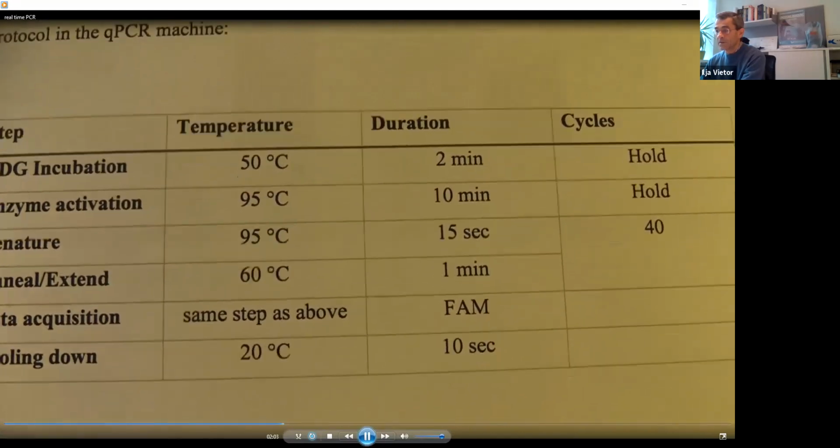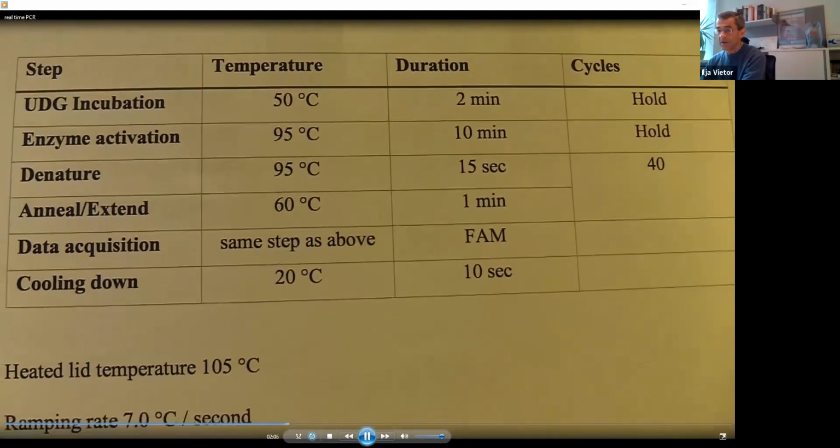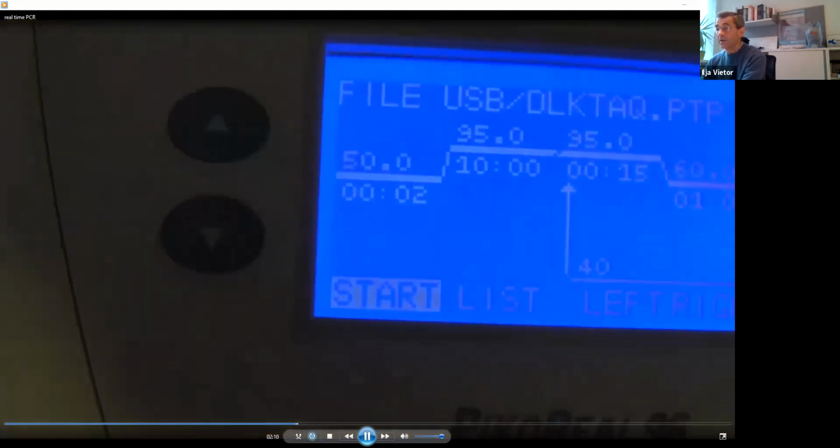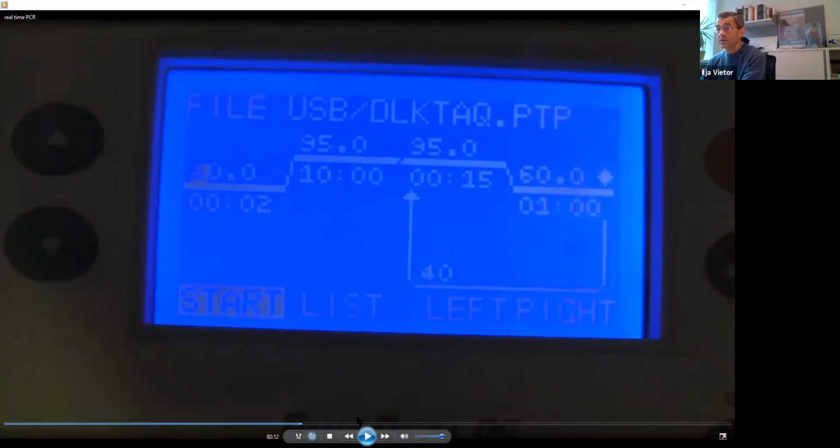All results are collected on a USB stick. Here you see once again our protocol: pre-warming, heating up, activating the enzyme, and then these 40 cycles.